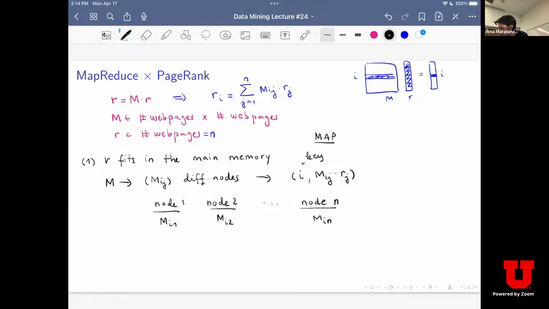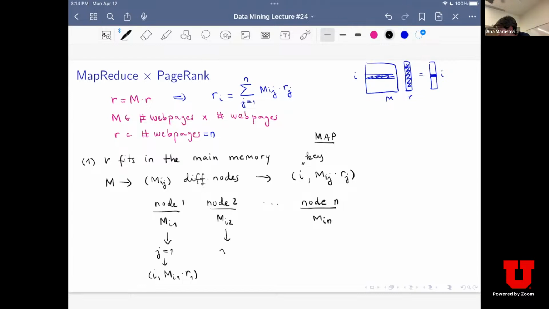And at each one of these nodes, you are going to then compute this value over here. So here j equals 1. So I is going to be here as our key. And then we are going to have mi1 times r1.